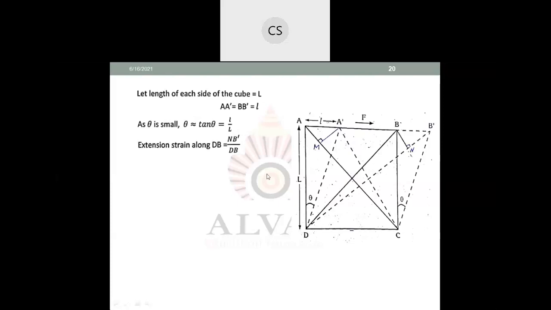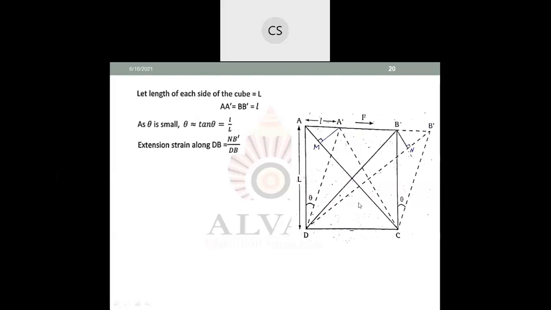A few minutes before, we discussed that one diagonal undergoes extension, which is DB, and AC is the diagonal which undergoes compression.